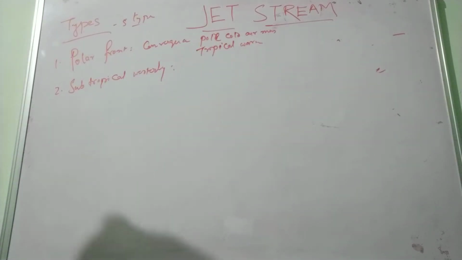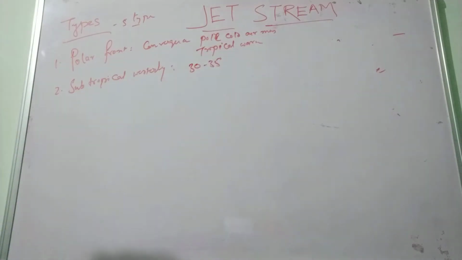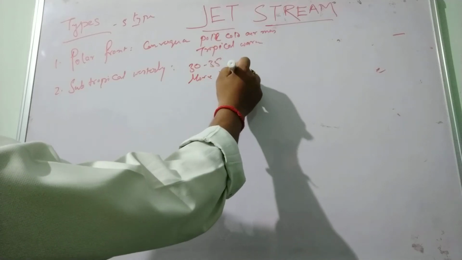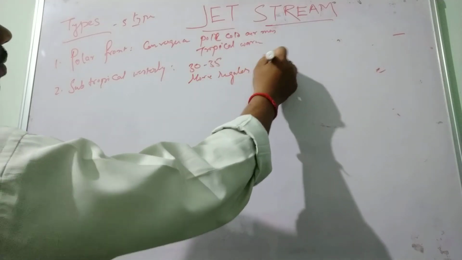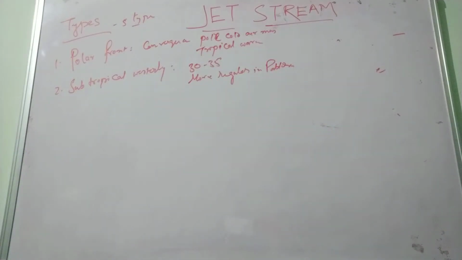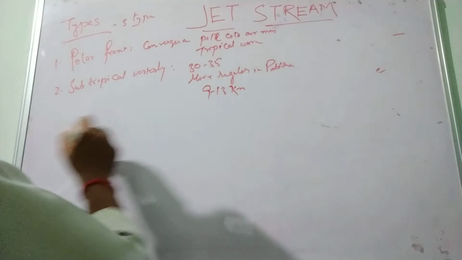These jet streams are basically found at 30 to 35 degree, blowing from the west to east, and they are more regular in pattern. Their elevation varies from 9 to 13 kilometers.